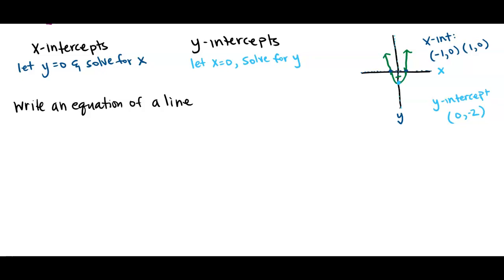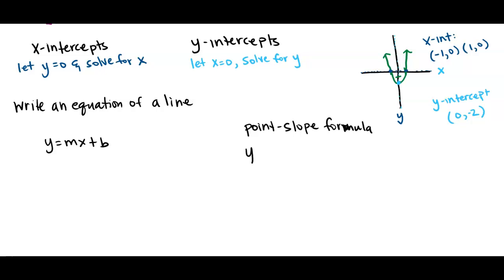So I'm going to show an example of this where we're just using this one formula, just the slope-intercept form. The other one is called the point-slope formula. And that's because you need a point and a slope to use it.